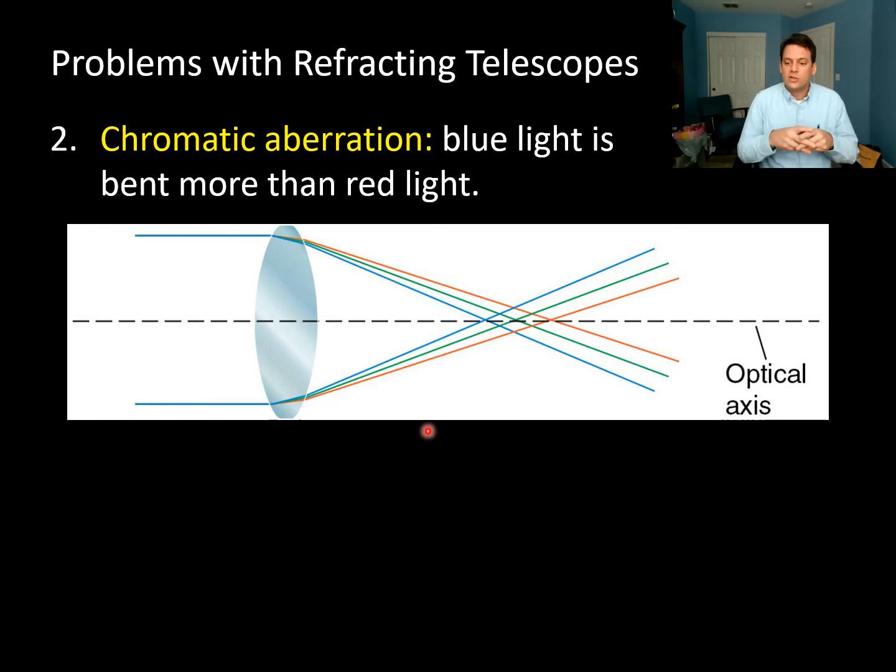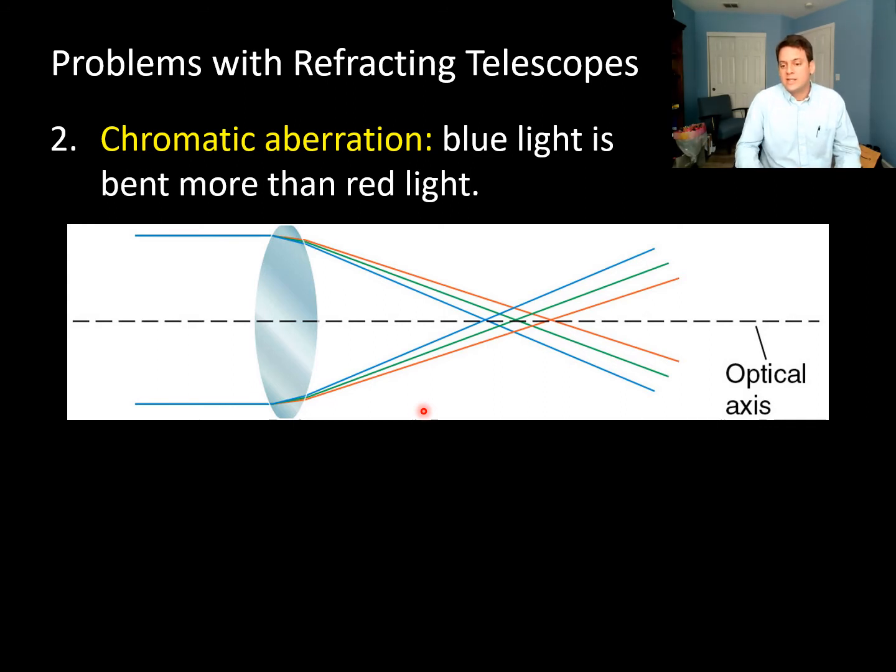And so if you have a small lens, then the difference between the blue focal point and the red focal point is so small that for all practical purposes they're the same. But as you make the lens bigger and the focal length gets larger, now these different colors' focal points end up becoming noticeably different.